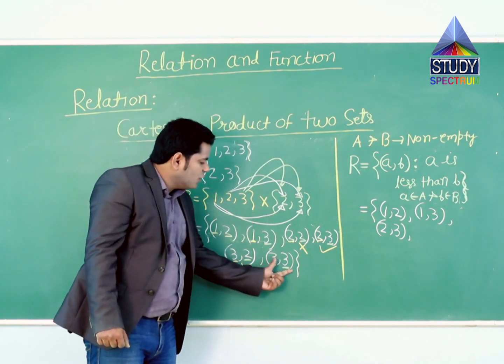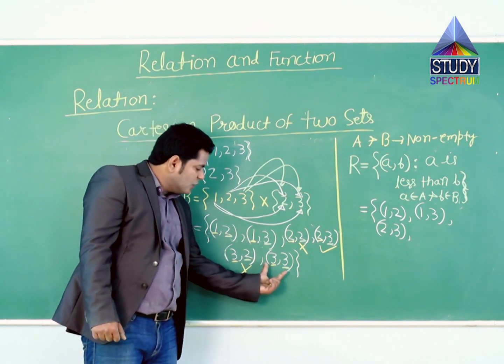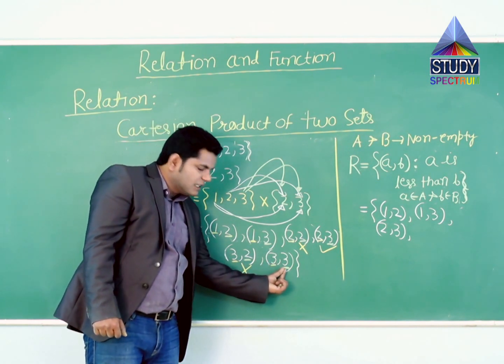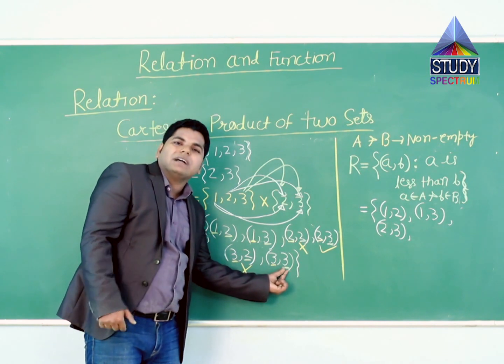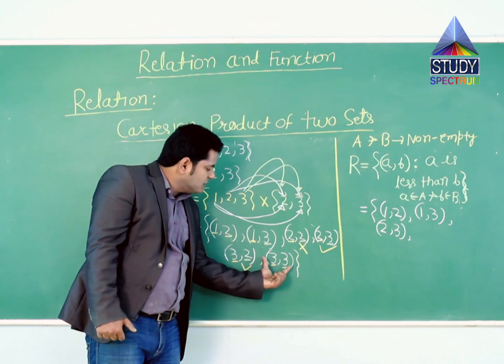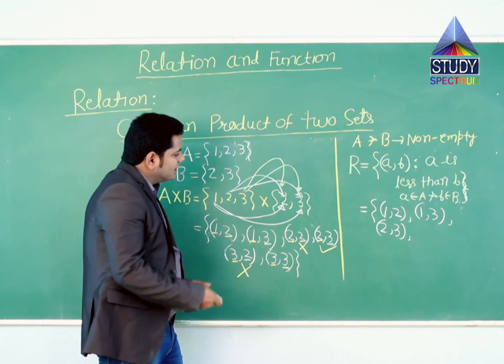Now come to 3, 3. In this case also, the first component and second component are equal to each other, so this 3, 3 will not come under this relation.